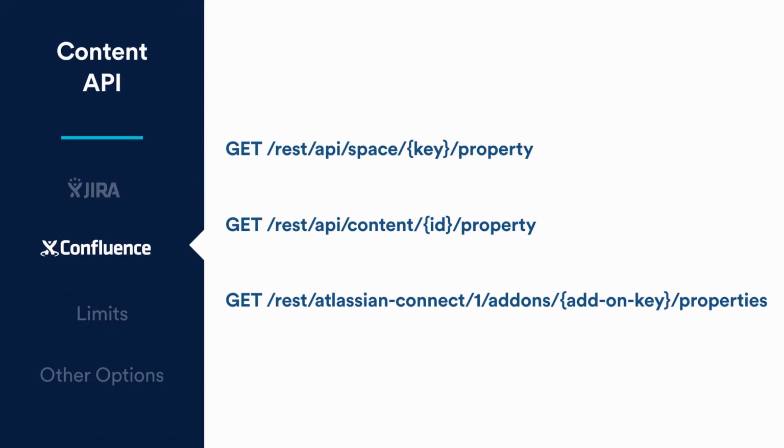In Confluence, we allow you to store it with spaces, but also any kind of other content, and content types are extensible in Confluence. Most often it's pages and comments, but you can define your own as well. And again, same as in Jira, we allow you to store properties just for your add-on. Trello has a very similar functionality as well. We don't have that currently in HipChat or in Bitbucket.